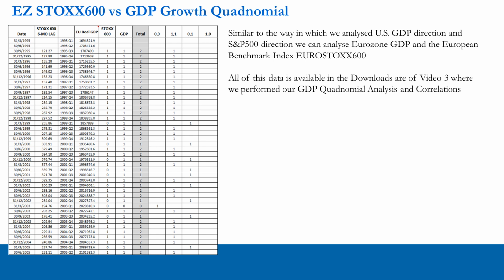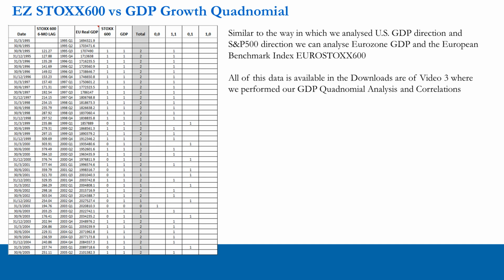Specifically, what we're doing here is the quadnomial analysis that we did earlier with the S&P 500 and US GDP growth. Similar to the way in which we analyzed US GDP direction and S&P 500 direction, we can analyze Eurozone GDP and the European benchmark index, the Eurostoxx 600.